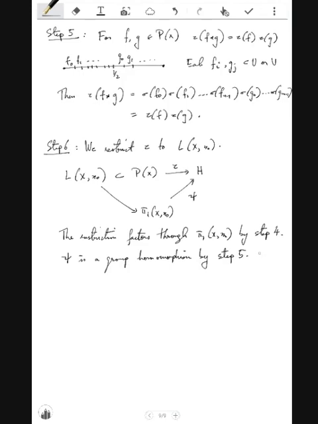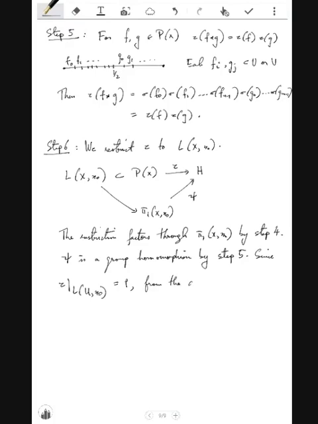And from the definition, in step 1 we use the notation rho, since tau restricted to loops in U is equal to rho.